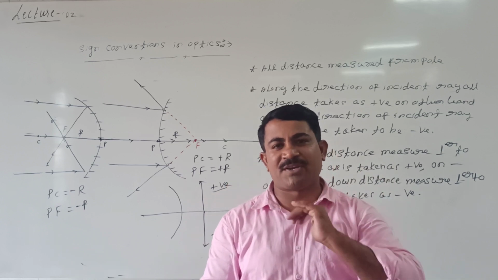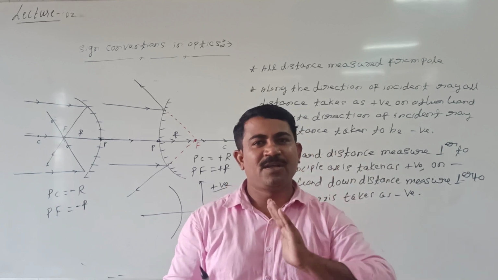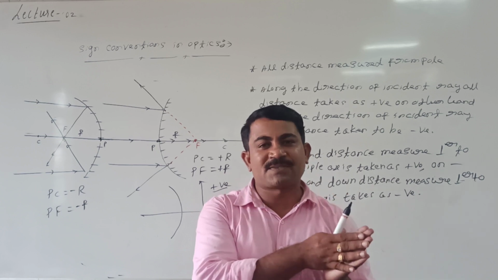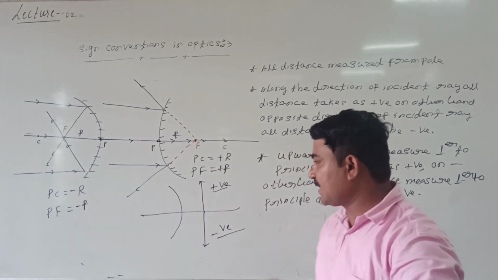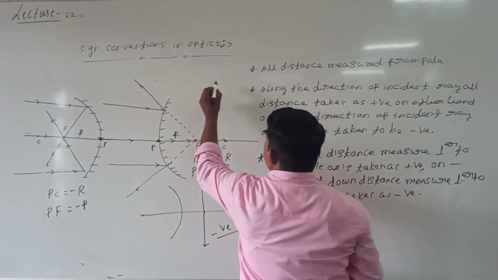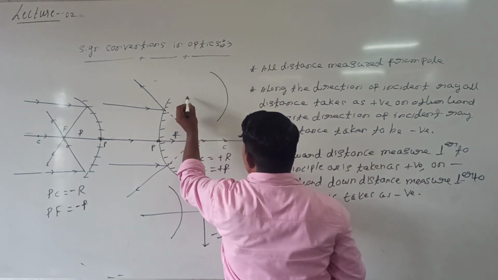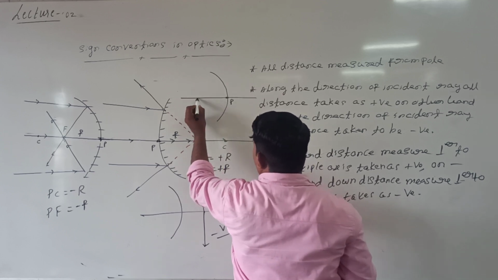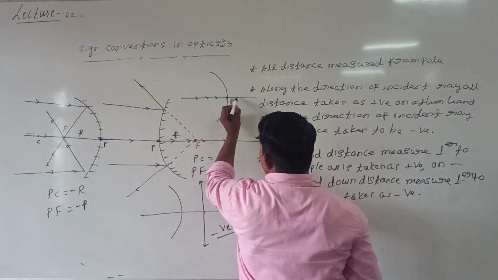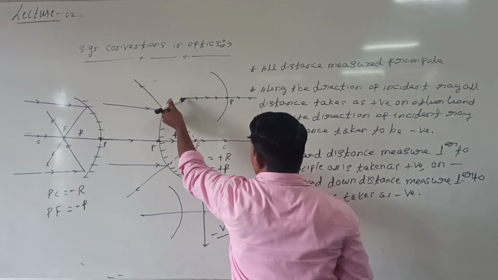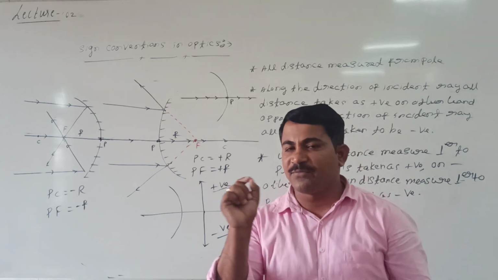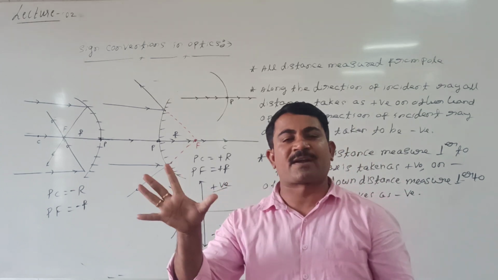It is one of the conventions. For example, see here, I can take this as a mirror. This we are calling the principal axis, and this we are calling the pole. If a ray of light is passing along the principal axis, that ray of light is never reflected and never refracted.